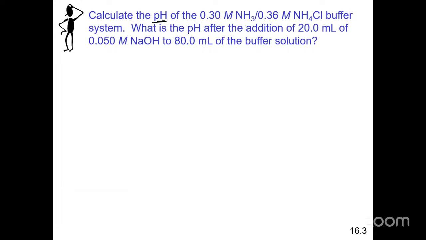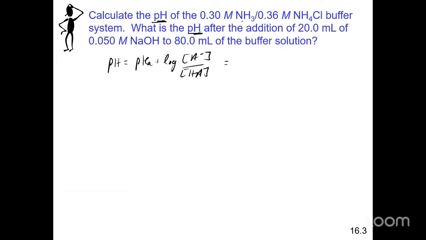And then the pH after the addition of 20.0 mL of the 0.050 M sodium hydroxide solution to 80.0 mL of the buffer solution. So let's deal with the first part first. Very simple, actually. We use Henderson-Hasselbalch. pH is equal to pKa plus log of the concentration of A- divided by the concentration of HA. And then we just put the numbers in.